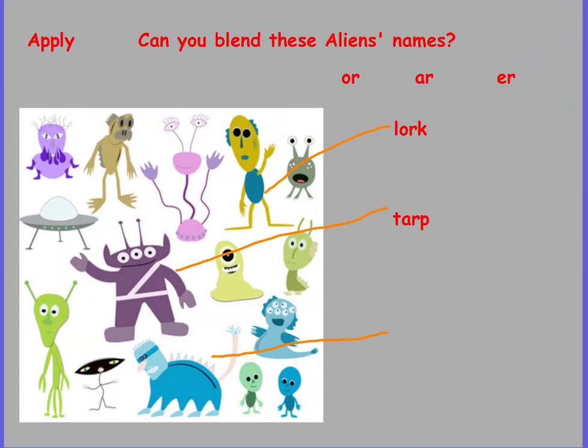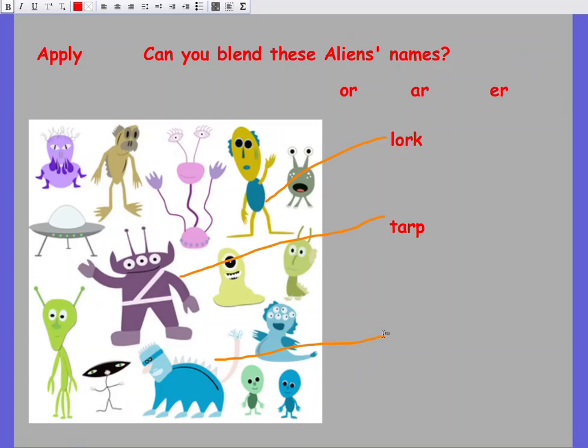G-ur-d-o-n. 5 sounds you're looking for. Write it on your whiteboard. Gurdon. What a funny name. Okay, let me write his name for you here. G-ur-d-o-n. Gurdon. His name is Gurdon.